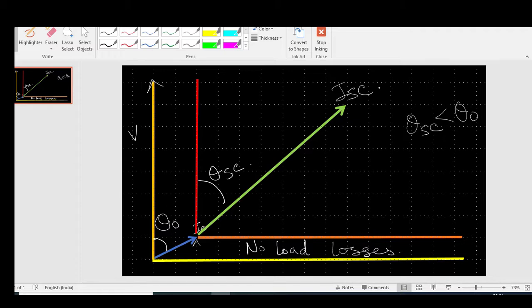Now, how can we draw the circle diagram and what is the genesis of this circle diagram?